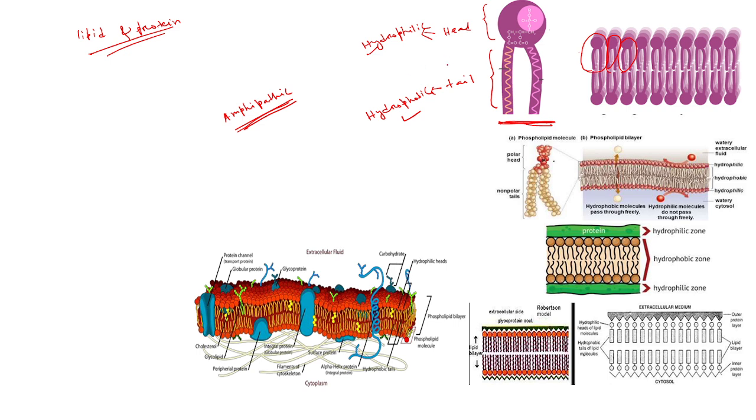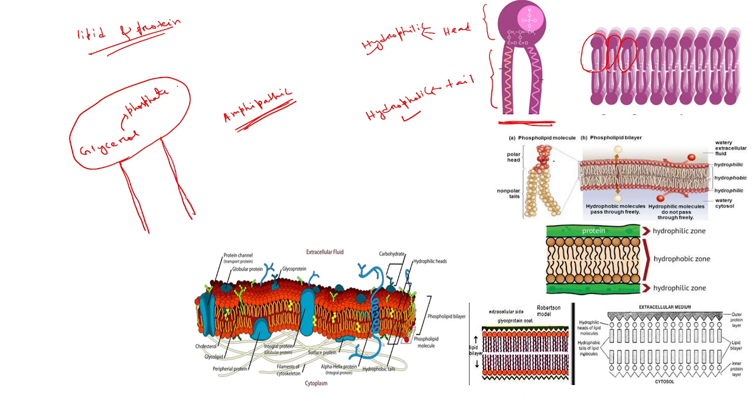Now in the lipid, the head part contains glycerol along with phosphate. So this is the head part. And in the tail part, this is the one tail, this is the other tail.